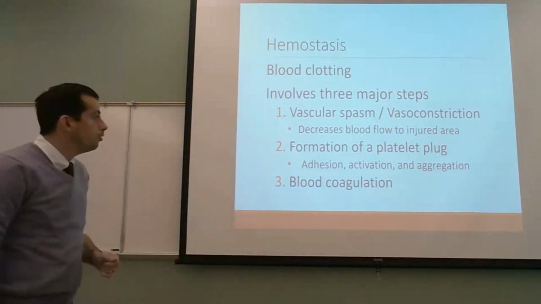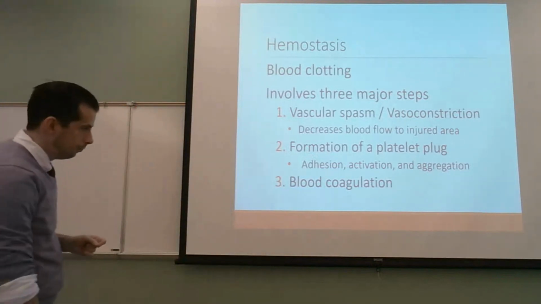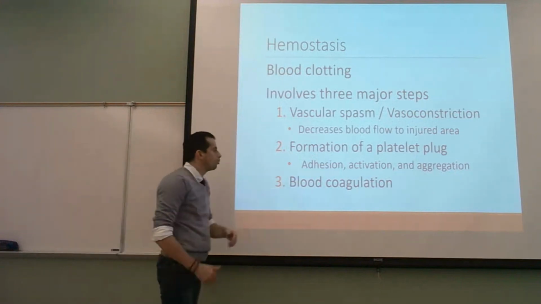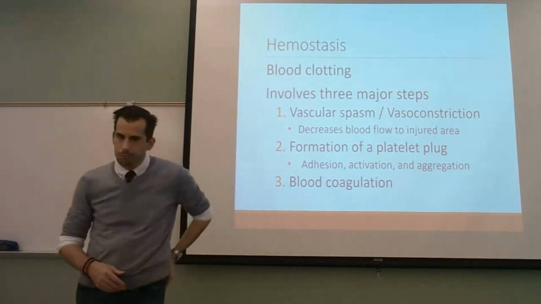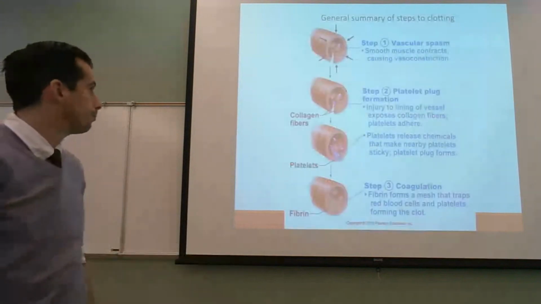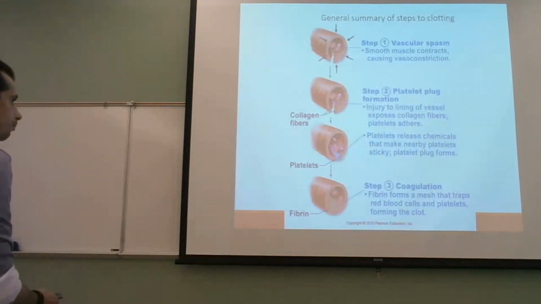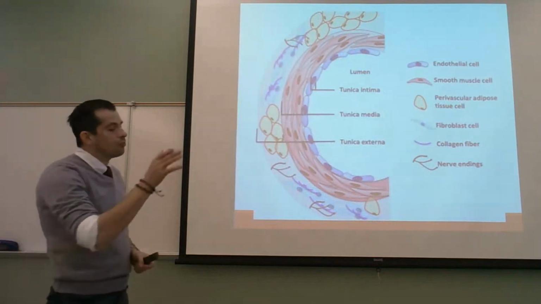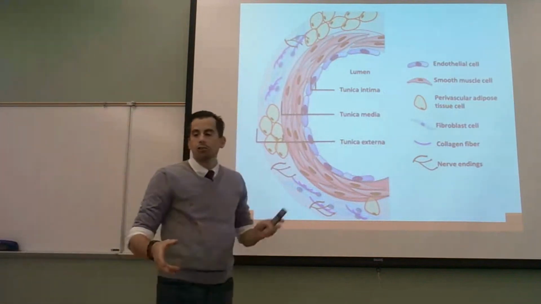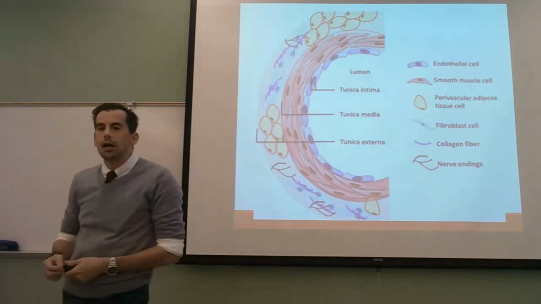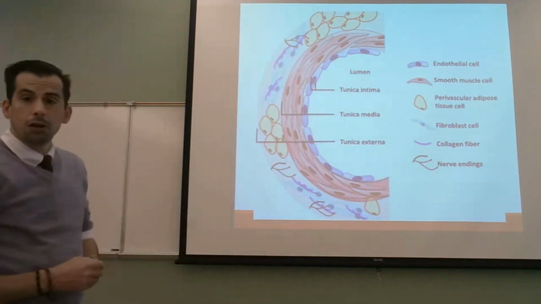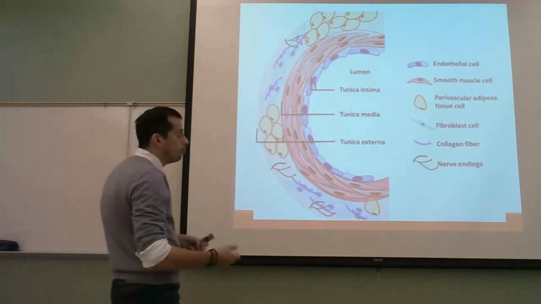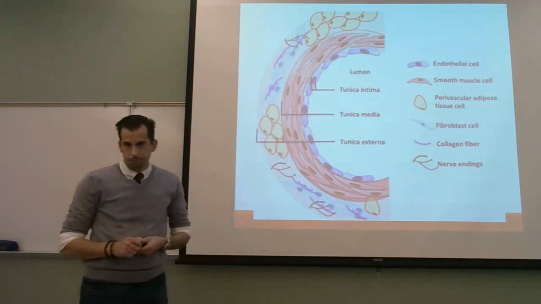The first step is going to be the formation of a platelet plug. After that occurs, then we go through blood coagulation, blood clotting. Now, it's important to realize that a lot of the agents that we're going to be discussing in the platelet plug and clotting activities are always in normal circulation, but you can consider them to be inactive.